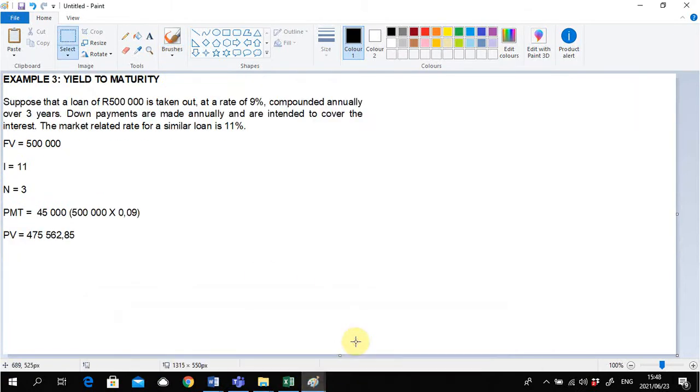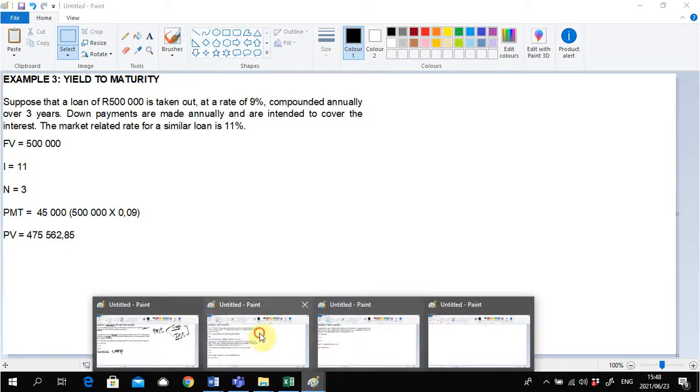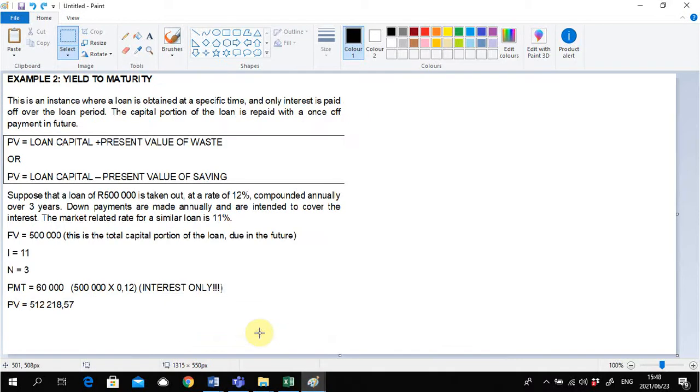The other type of question that we have is the instance of a yield to maturity, right? A yield to maturity is slightly less technical, and I think personally it's more mathematical. A yield to maturity is an instance where a loan is obtained at a specific time and only interest is paid off over the loan period.